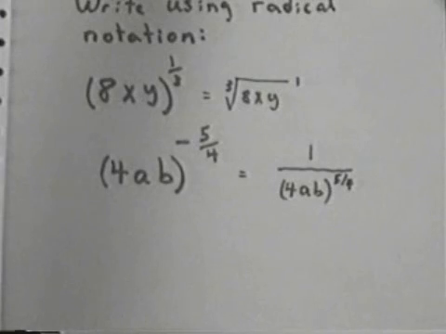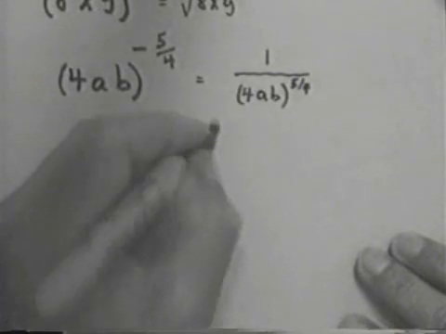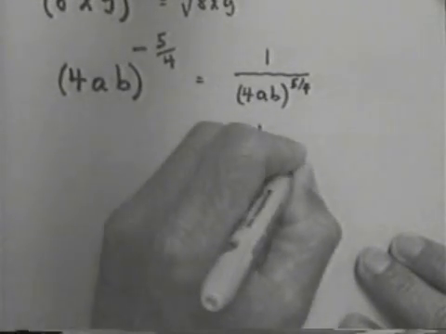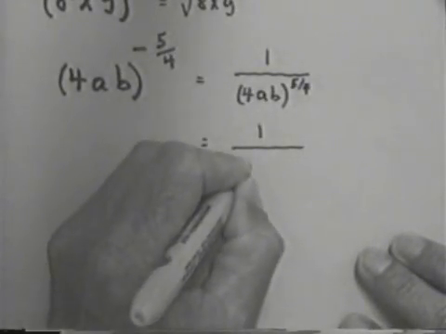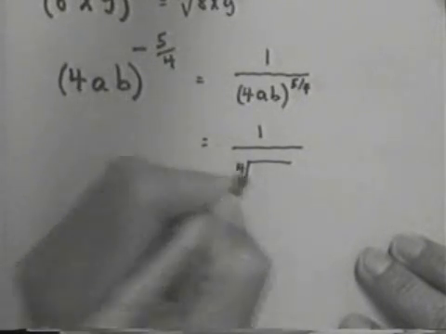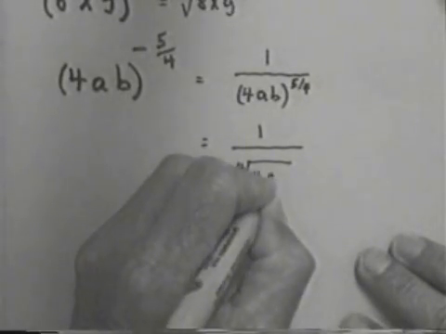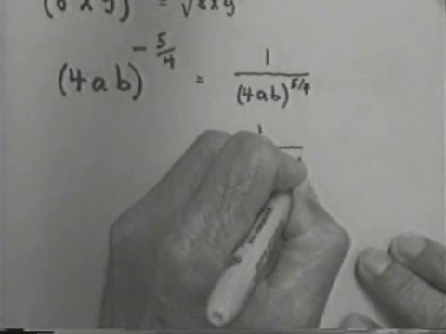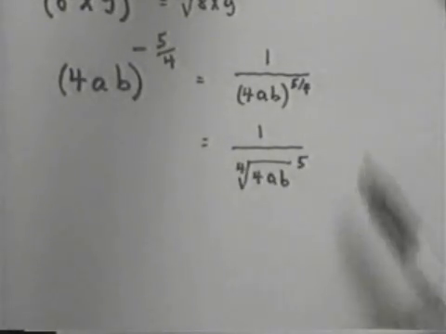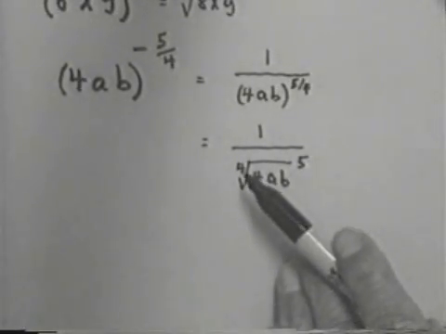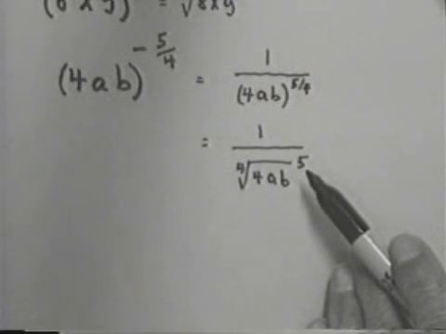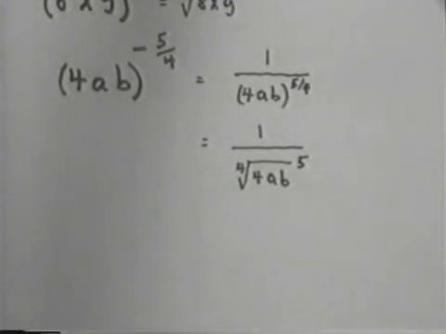Writing it as a radical, that would be 1 over the 4th root of 4ab to the 5th power. The denominator tells you the root to take, the numerator tells you the exponent.